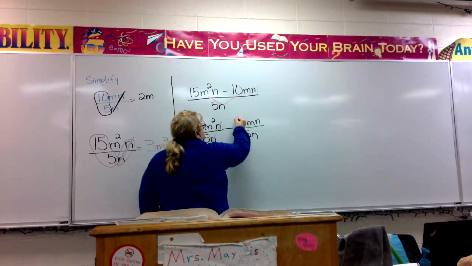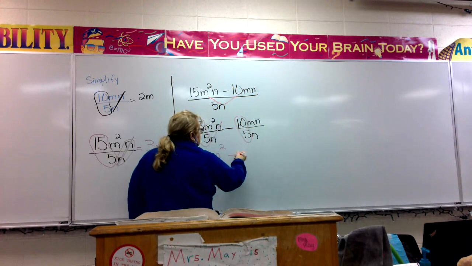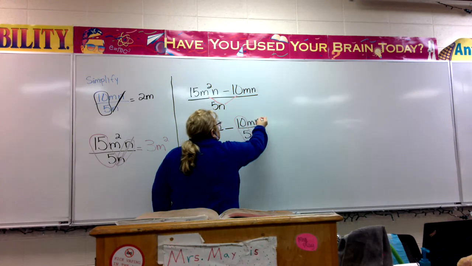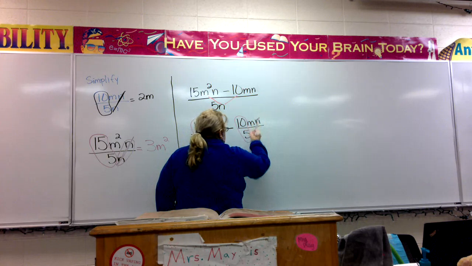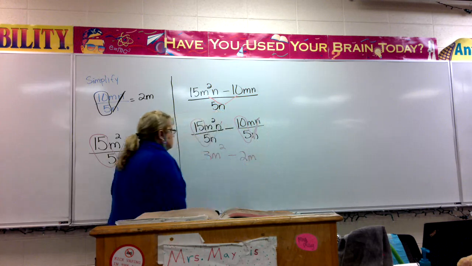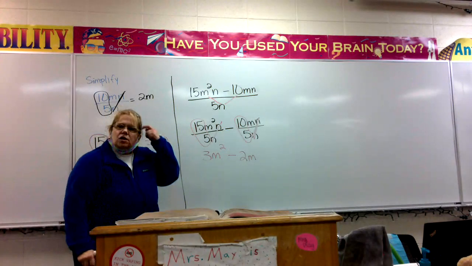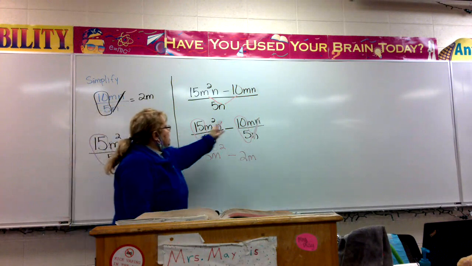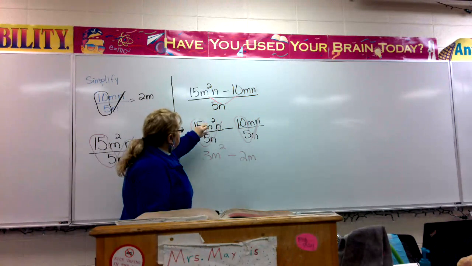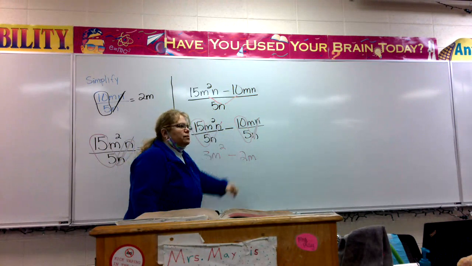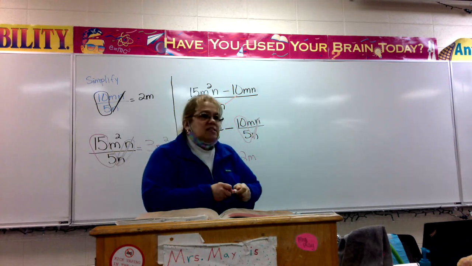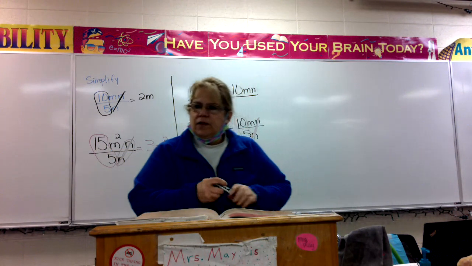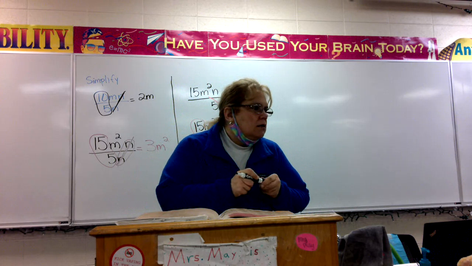Minus, what's this? 2, the n's cancel. And there's your answer. All you have to do is break it down and then simplify this one, simplify that one. That's it. You're done. Isn't that easy?